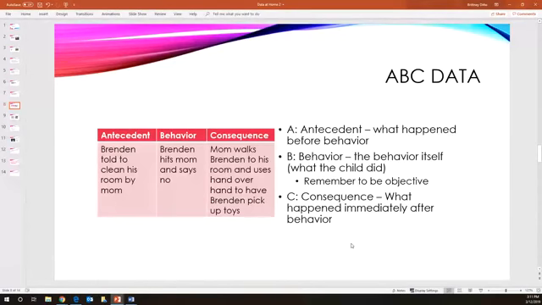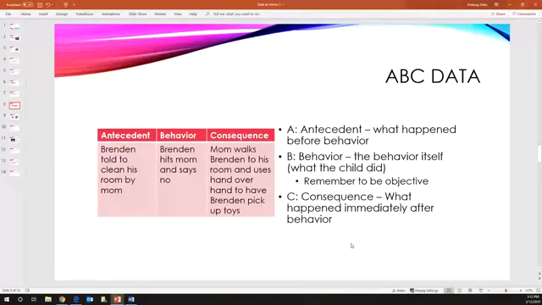The behavior was what he did: he hit mom and he said no. So the consequence was I made him go to his room and hand over hand picked up toys with him until he was able to do it independently. Another way you can look at ABC data is, last week we talked about negative reinforcement.